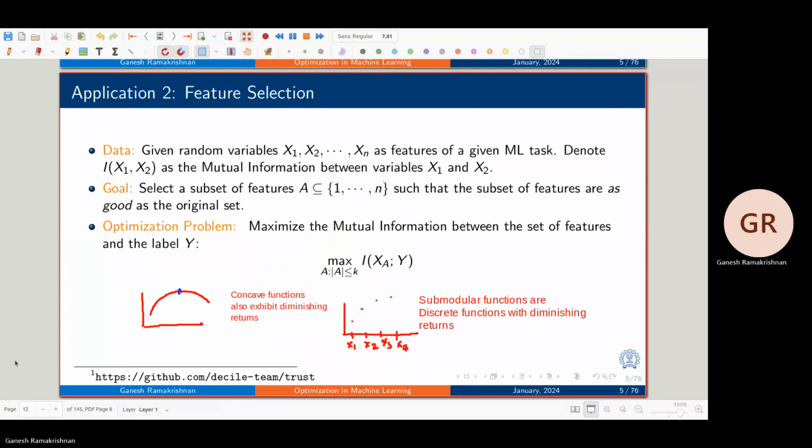It has this diminishing returns property. Okay, so this is submodular. Submodularity is like concavity under the naive assumption.